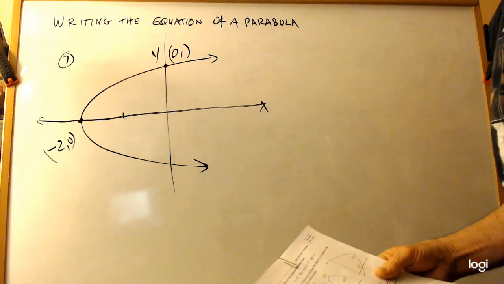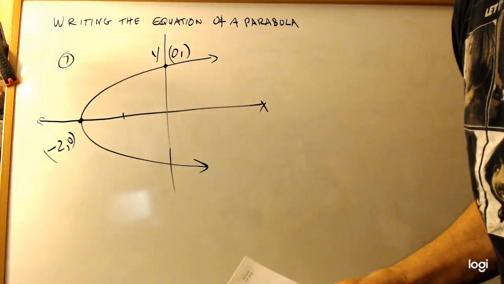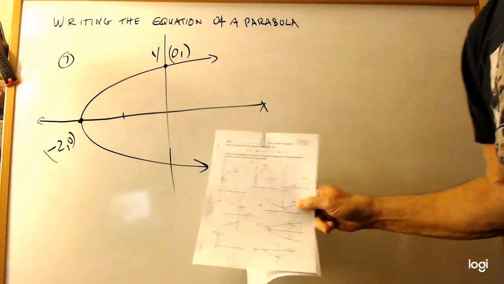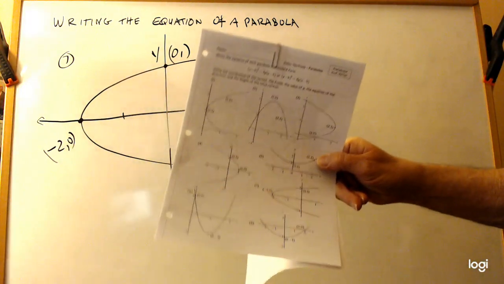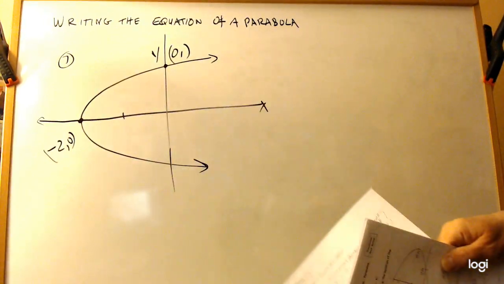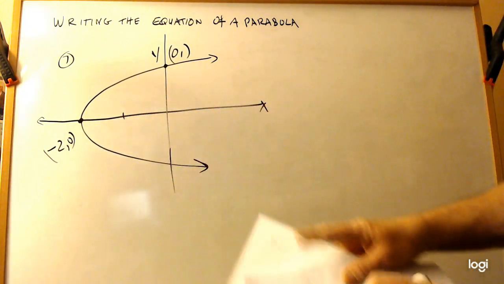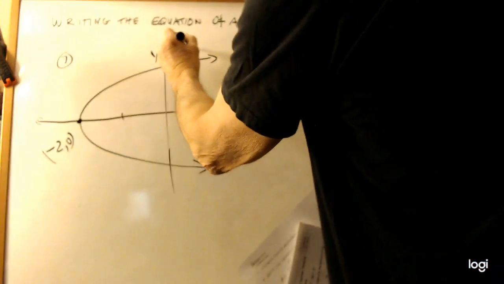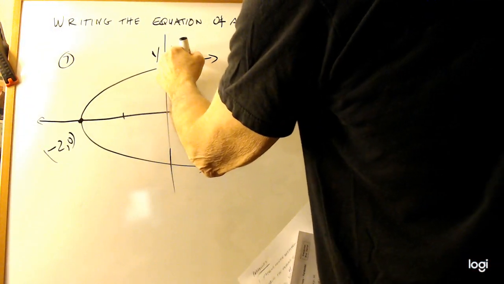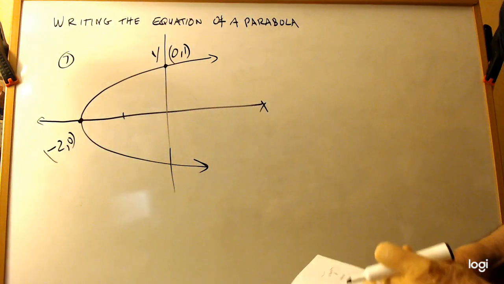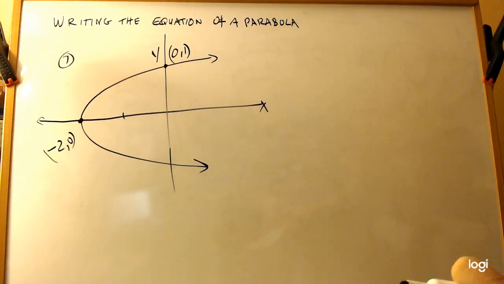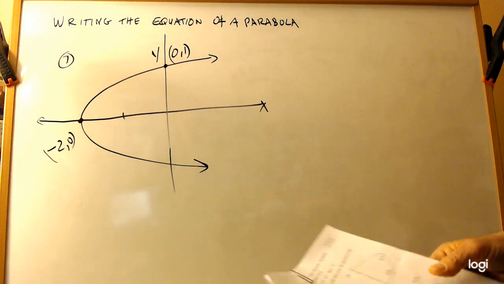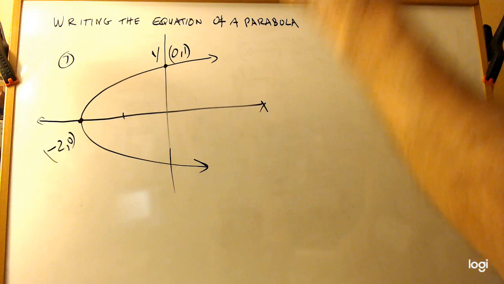Okay, next example, welcome back, is number 7 on that sheet, conic sections. And again, it looks like this. We're given a graph or sketch of a parabola, and we are asked to compute its standard formula and find its vertex and focus and p and latus rectum and all of that stuff, directrix.